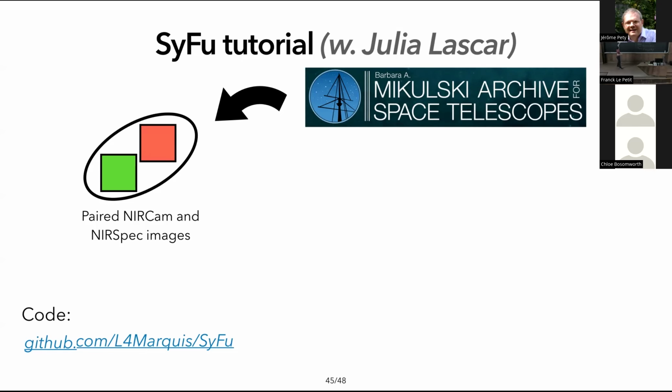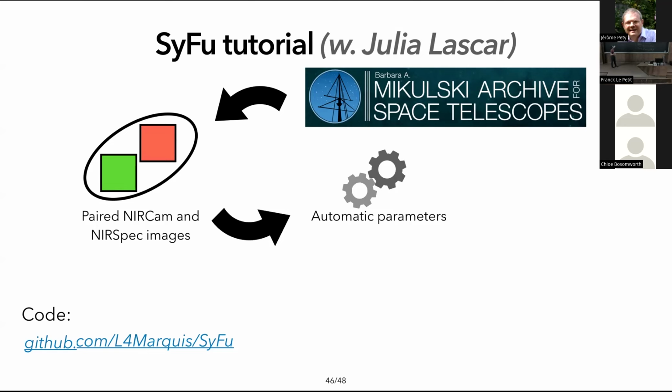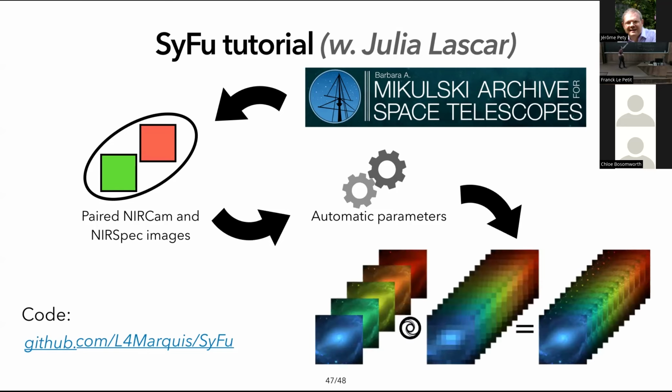And once we have those paired images, we also automatize the parameters of this algorithm so that you can fuse any type of NIRCam and NIRSpec image you want. This is also available on the GitHub.